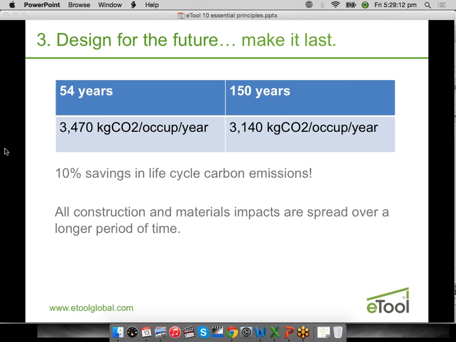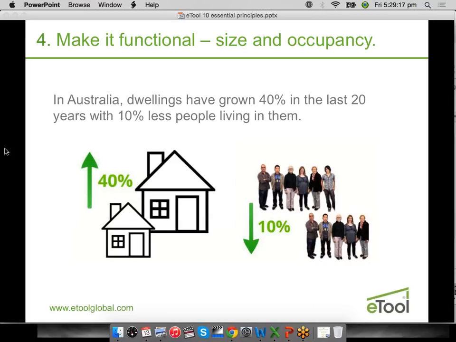We go back to the next principle, which is make it functional. So still talking about functionality, but designing the houses that will maximize occupancy. This is now on a good trend. The houses are now reducing in size as we develop more multi-residential projects.